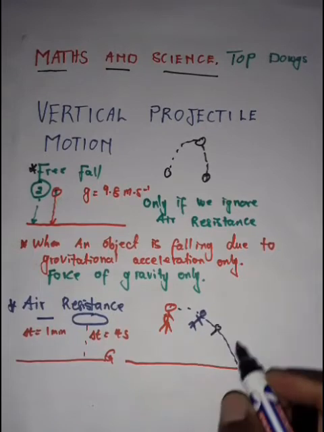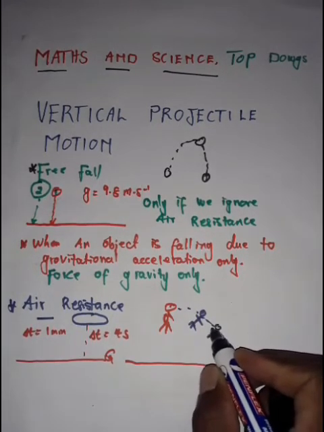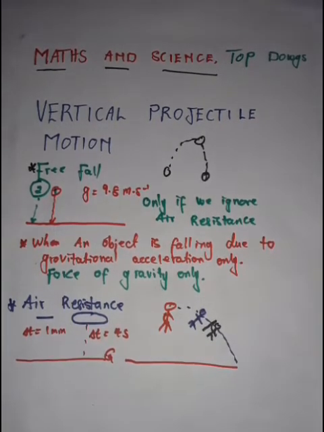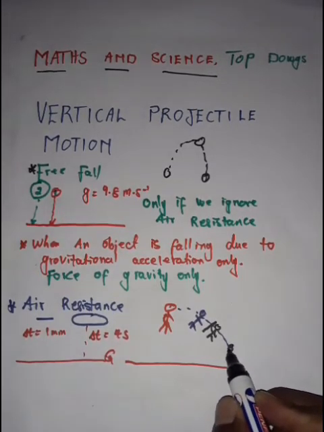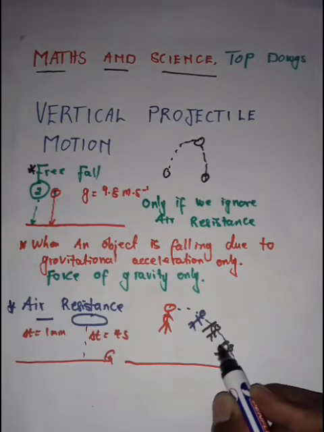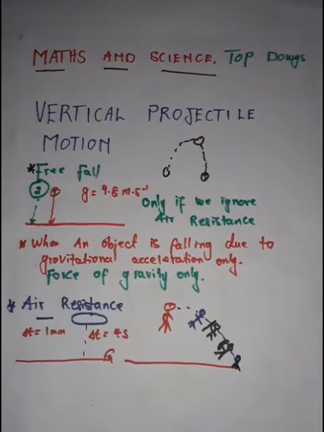And then at this point they decide to open the parachute. So now the parachute is on, and after that they're here at this position. Now they have to lower the parachute, and then now they're here, they're standing here.